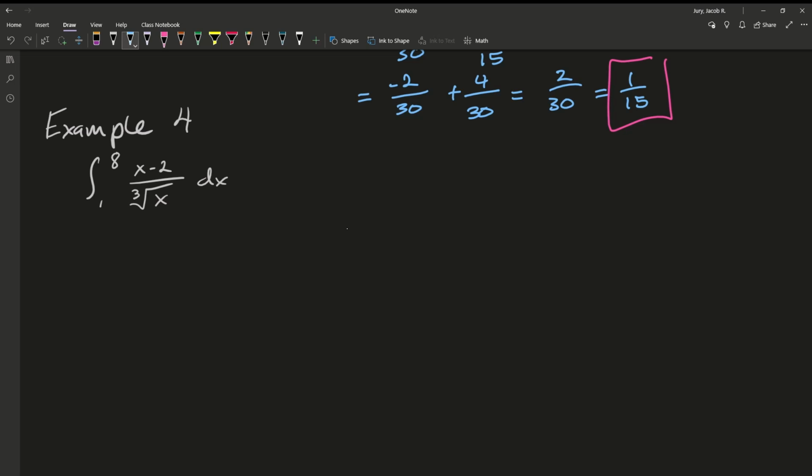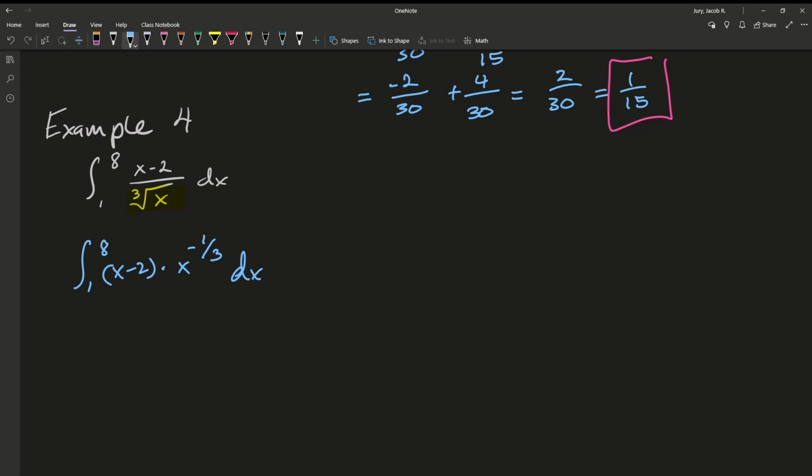So we'll manipulate this to look like we're going to use the inverse power rule. So here the trick is to rewrite what we're integrating to be x minus 2 times x to the -1/3. So here I've got it rewritten.